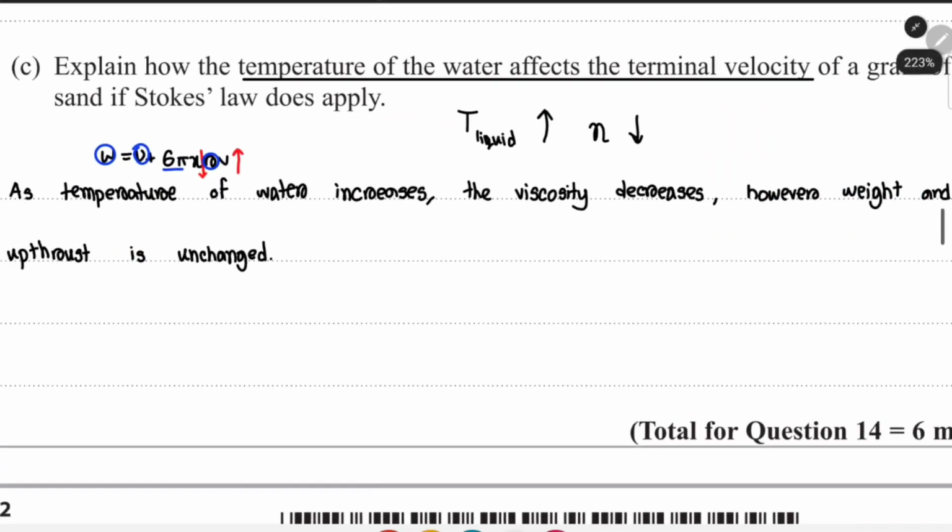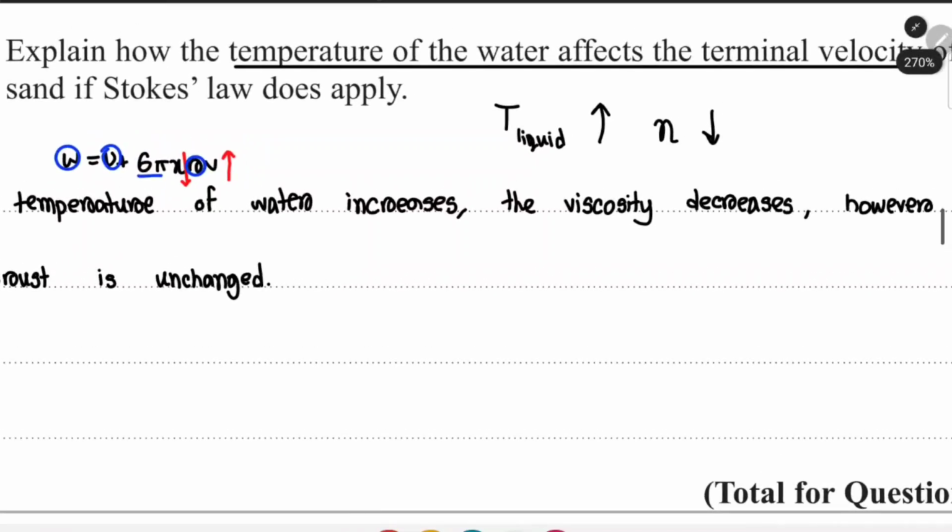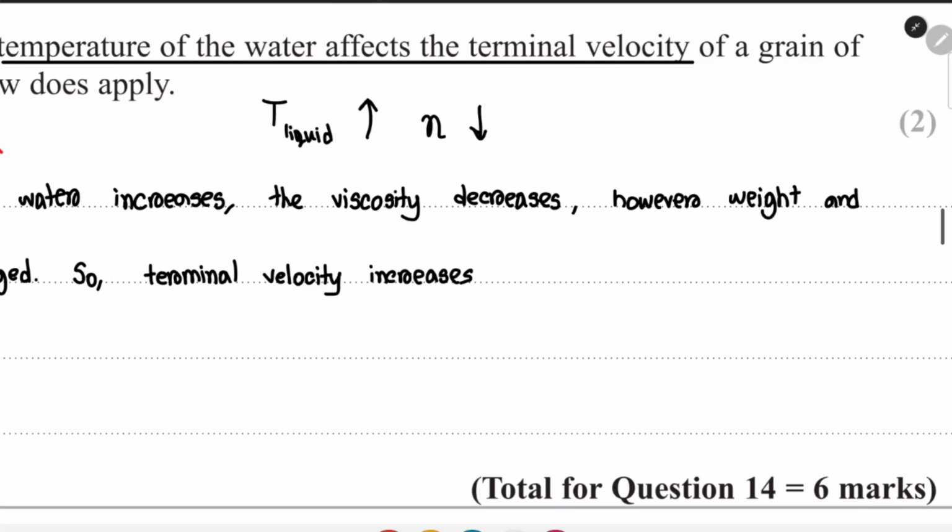So if weight and upthrust are unchanged, I need the drag to remain the same as well. So the terminal velocity must increase in this case. The terminal velocity increases to keep viscous drag unchanged.